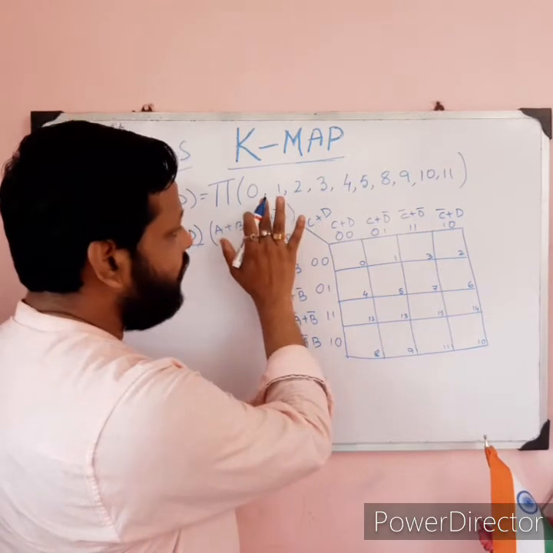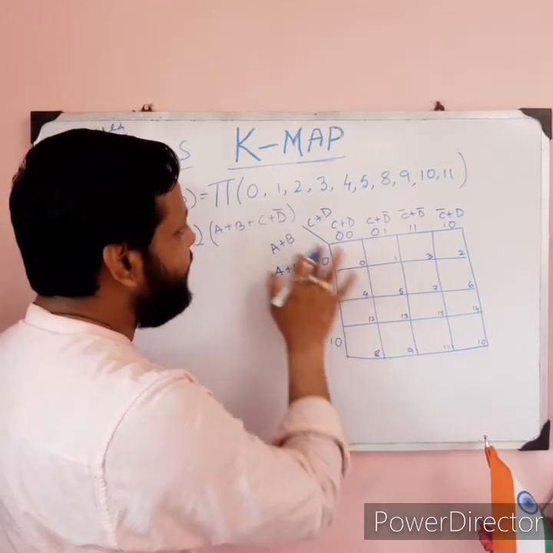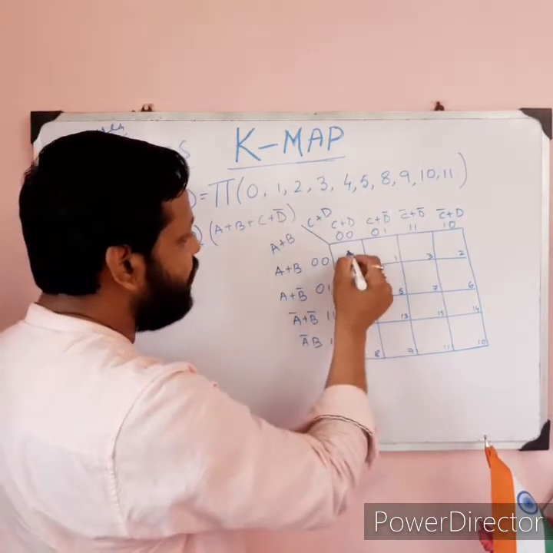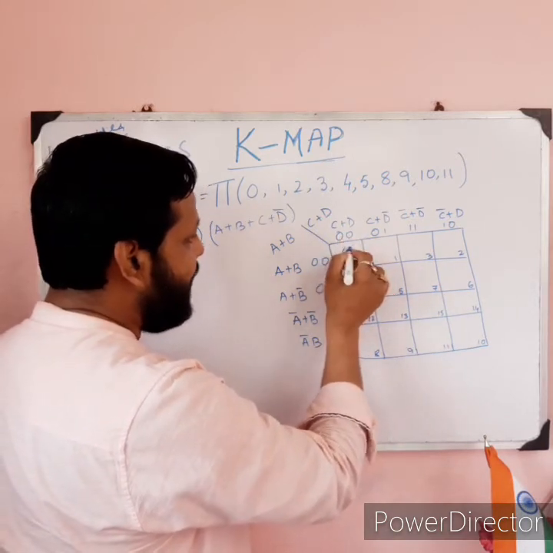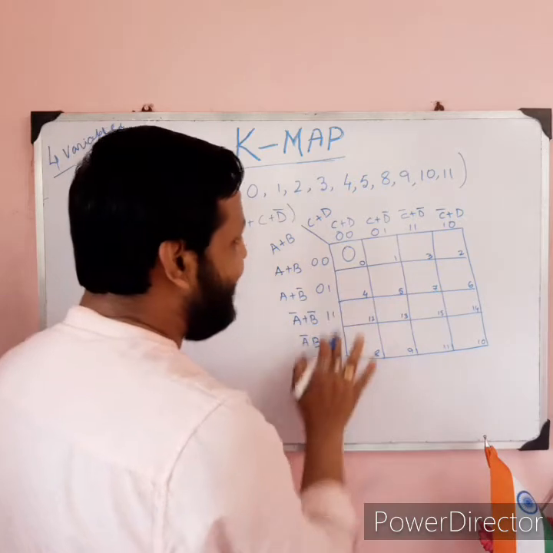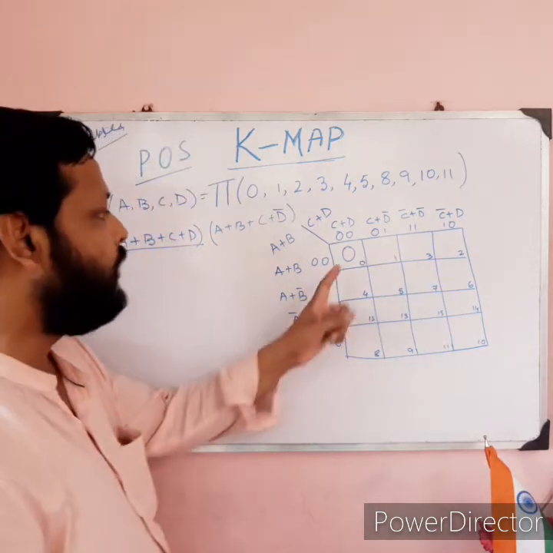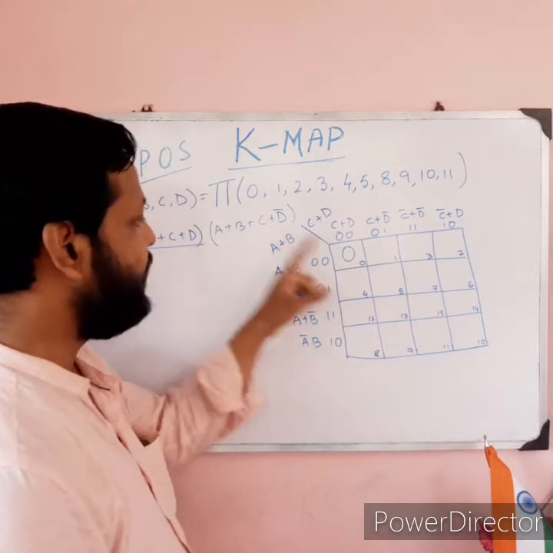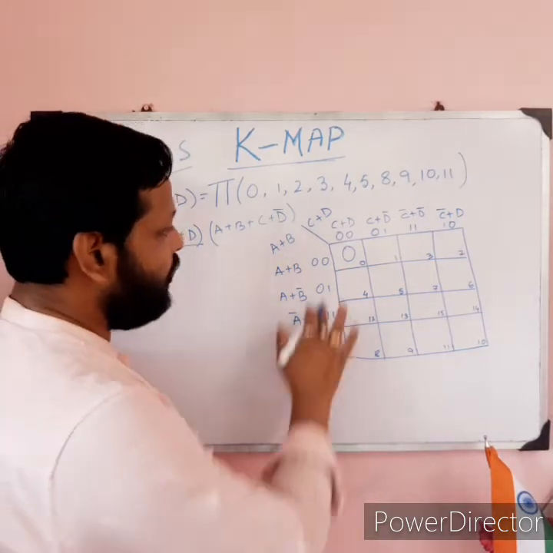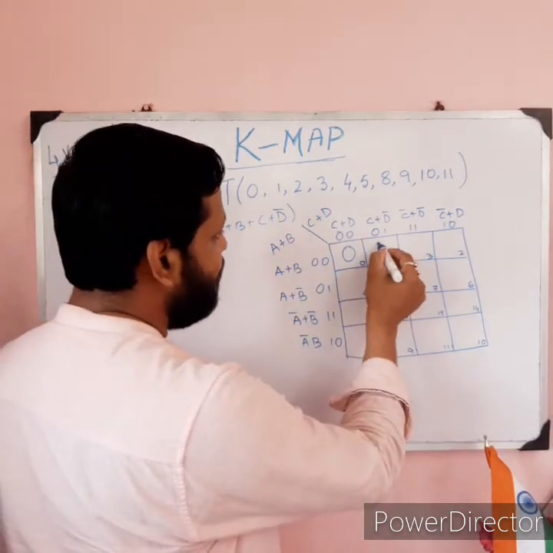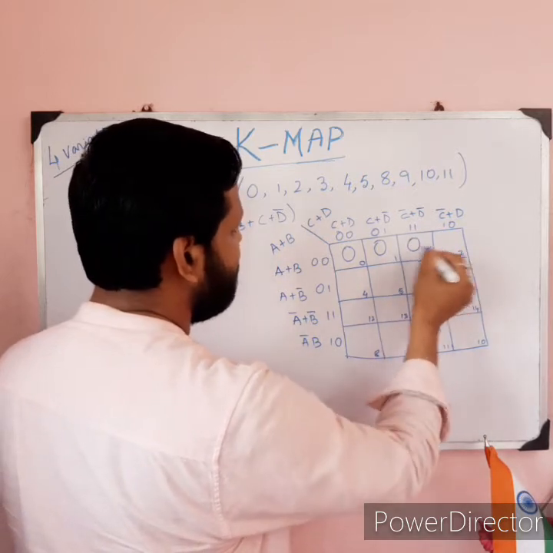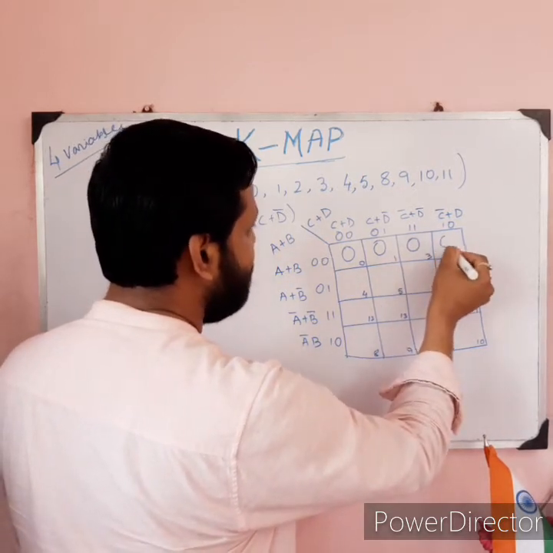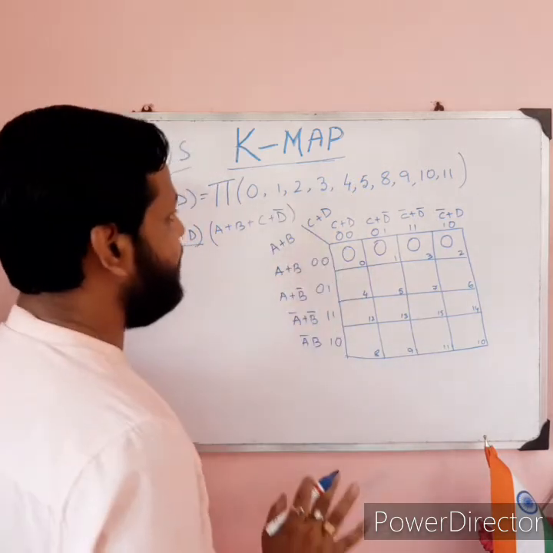Now we need to identify according to these terms. In the previous part, we identified this cell by 1, and in the case of POS we need to identify it by 0. So this one is 0, 1, 3, 2. That means 0, 1, 2, 3, all terms are there.